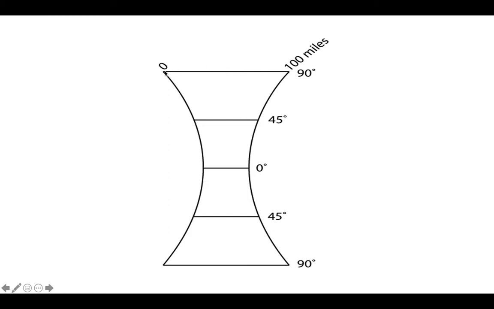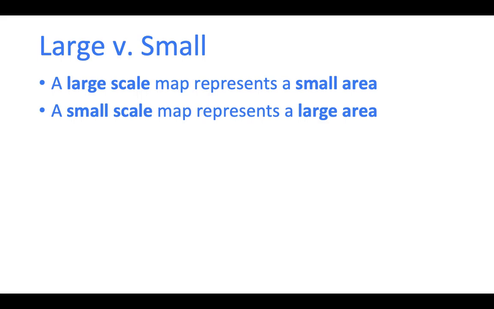And maybe up here at the North Pole, it's actually 2 inches equals 100 miles. All right, so if you see something weird like that, it's a more complicated graphic scale. It's letting you know, hey, pay attention to not just the distance here, but when you're measuring stuff, make sure you're aware of the actual location on the map to know exactly what that scale is at that given point. All right, hopefully that makes sense as well.